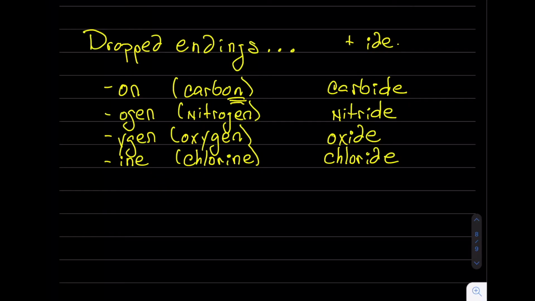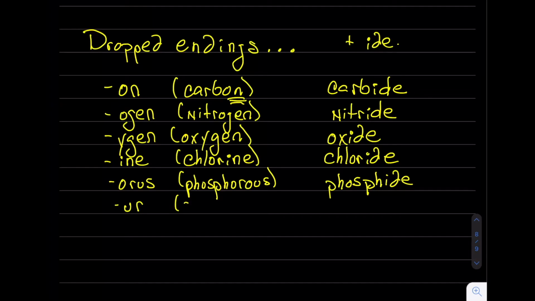Let's see, what else? We could drop the ending orus, like phosphorus. It would be phosphide. Which other ones do we have? Let's see, like sulfur. It would be sulfide.